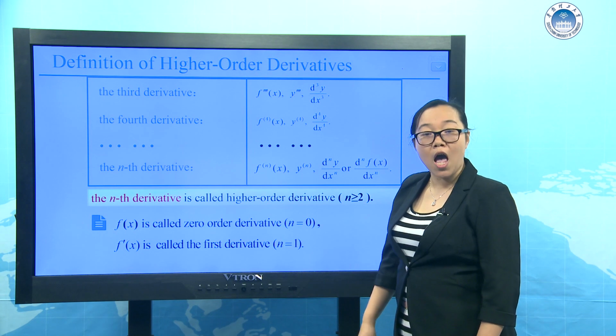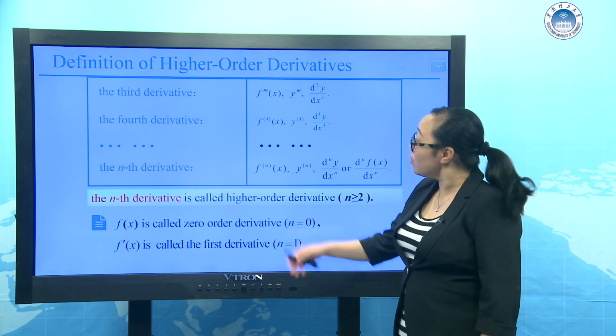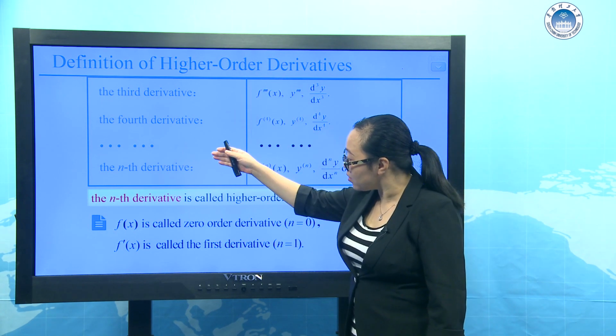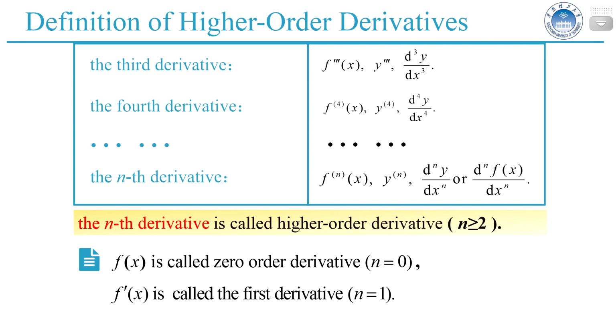And then f prime x is called the first order, meaning the first derivative, where n equals 1. This continues to the third, the fourth, the nth, okay?